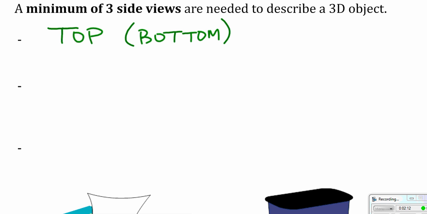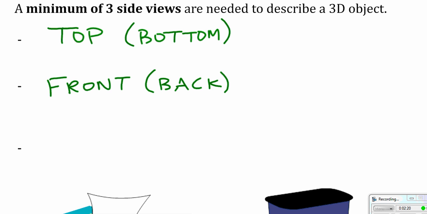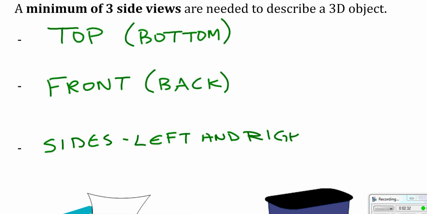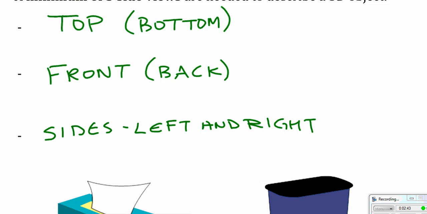We also need to know the front. And if we know the front, we also know the back. Again, they are identical. And then lastly, we need the sides. So we need the left and right sides. And these will also be identical for the prisms that we're going to be dealing with. So you need a minimum of three views. As we get into more complex shapes, you will need more. But for now, we only need three.